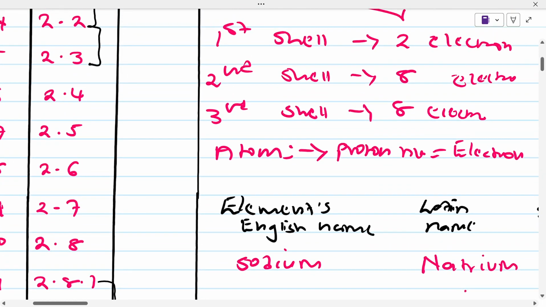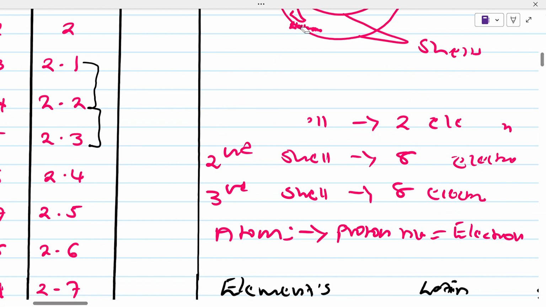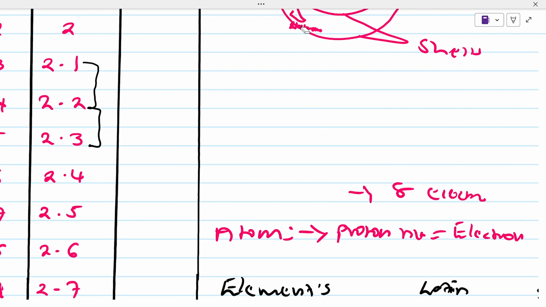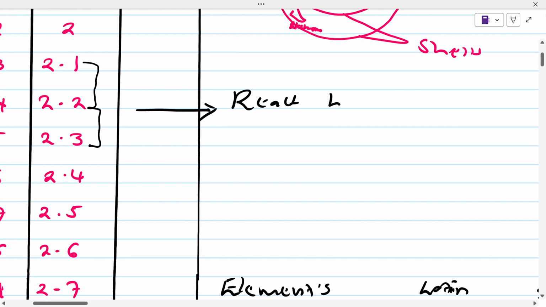I'm still moving. Let me have this space here so that I can have somewhere to write. Now, these ones also react by losing electrons.